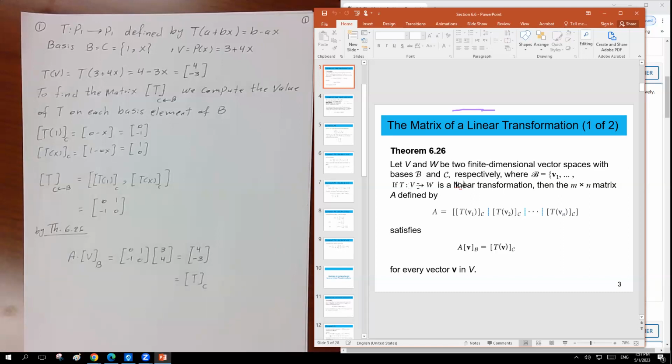If the transformation from V to W is a linear transformation, then the matrix A is defined as the coordinate vector of T(v1) with respect to the base C, the coordinate vector of T(v2) with respect to the base C, and keep going. And it satisfies that A times the coordinate vector of v with respect to the base B is equal to the transformation of v with respect to the base C. So that's what we're going to work on.